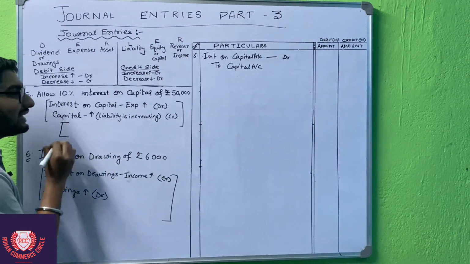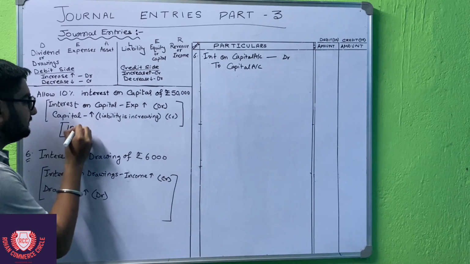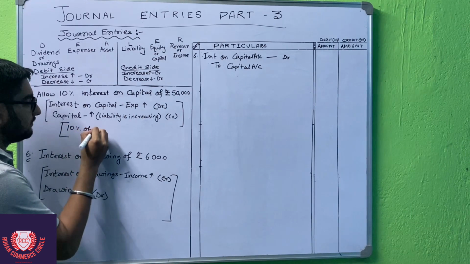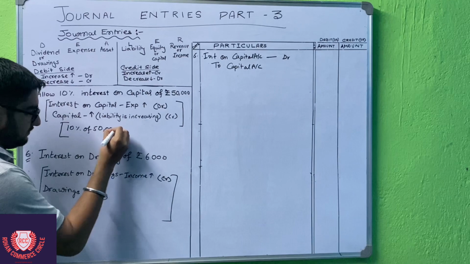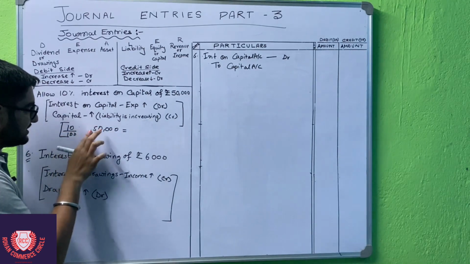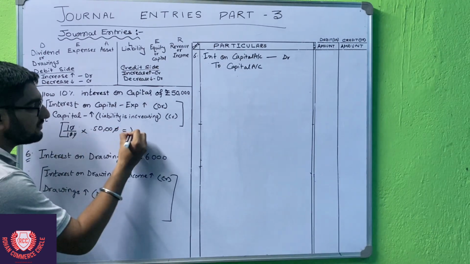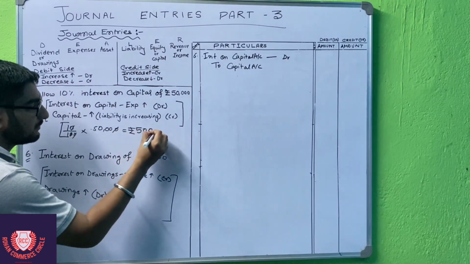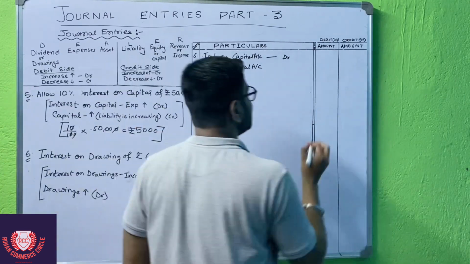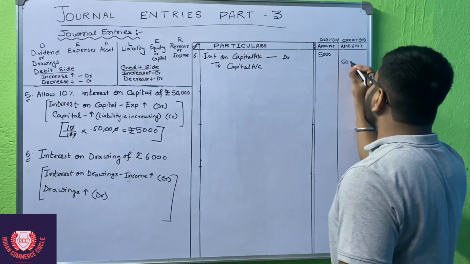So let me make the calculation over here. 10% of 50,000 will be, 10% means 10 by 100, of means multiply. So I am just cutting it down, it's rupees 5,000. So rupees 5,000 will be debit and rupees 5,000 will be credit.